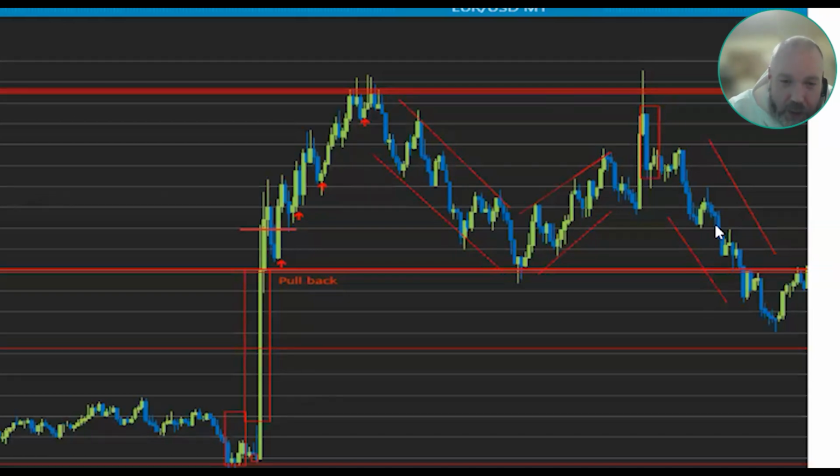But yeah, that's what I look for as far as high probability pullbacks: the evidence, the engulfing candles that are not closing above, or excuse me, below the 50% line of that previous candle high, and continue to manage those trades effectively.